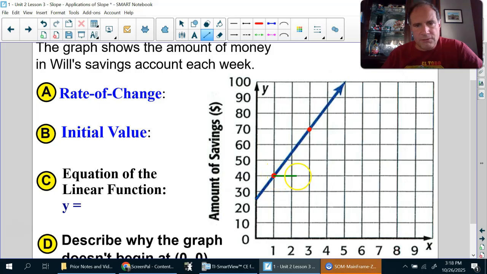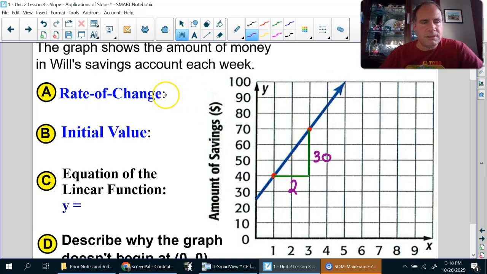Remember, rise over run. I'm going to be careful about counting because these are going by ones, so that is 2. The y is going by 10, so 10, 20, 30. So we're going to have 30 over 2. Rate of change, which is m, equals 30 over 2.